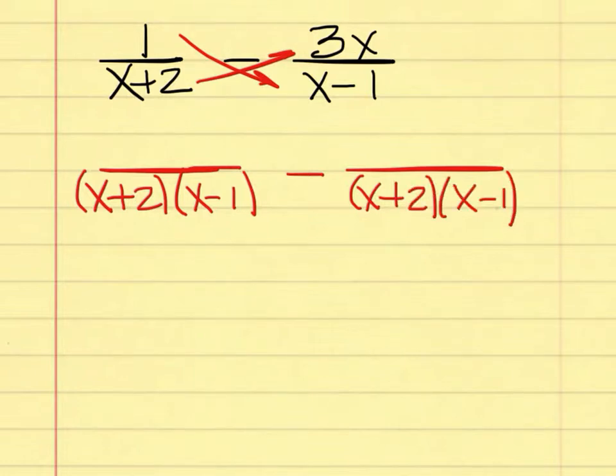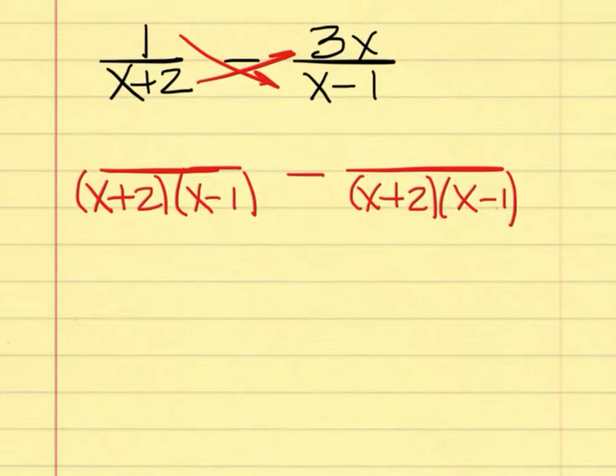So that leads me to my next question, which is, how am I going to get this numerator here after I have found my common denominator? How can we find the numerator? The numerators, you would multiply across the top, or you cross multiply on the top.